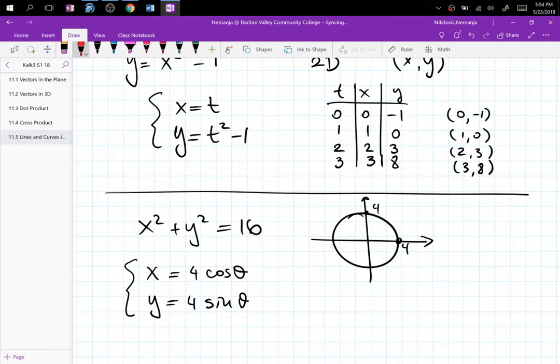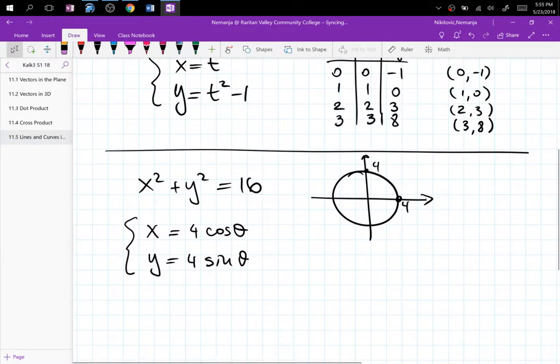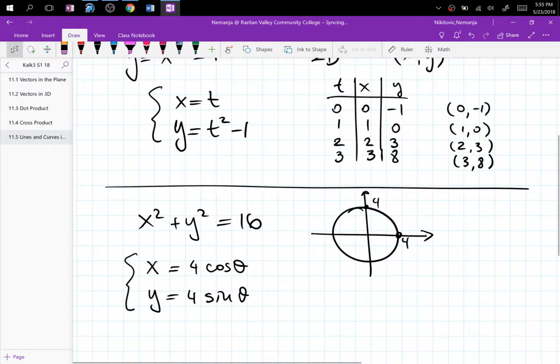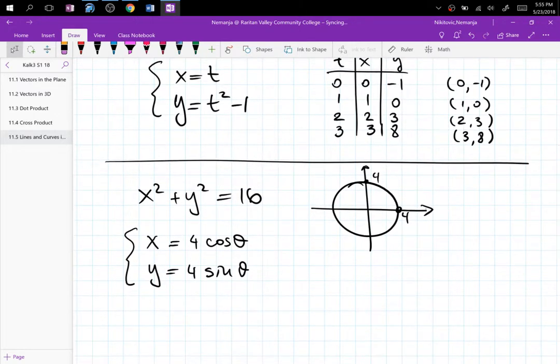Now I can do a lot of stuff with functions, and I can't do too many things with equations that are not functions. So that's one of the clear benefits. Another thing is that parametrization, since it's introducing one more variable, well, parameter, is going to introduce another, what we call degree of freedom.